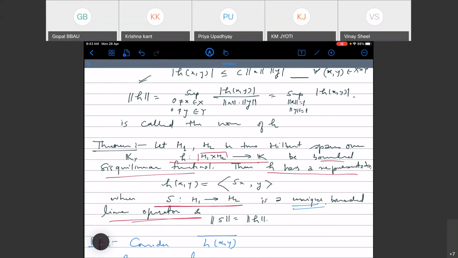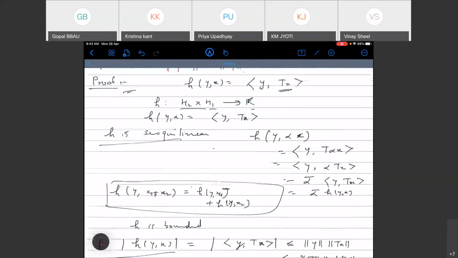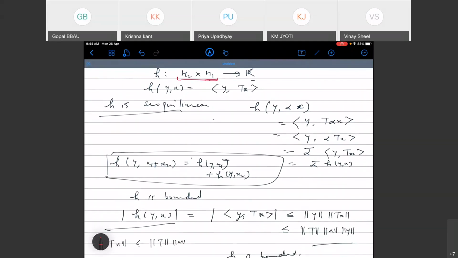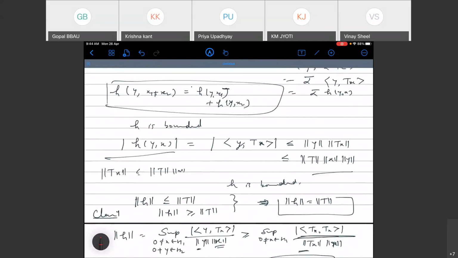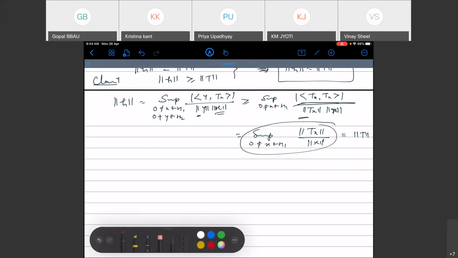Here we were taking H1 cross H2, and now we are taking H2 cross H1. So S will be from H2 to H1. Call that S as T*.